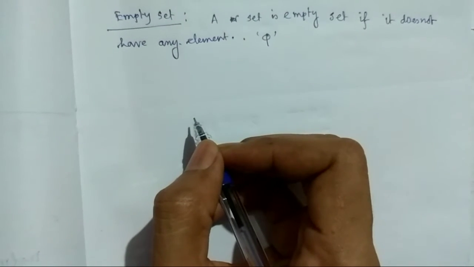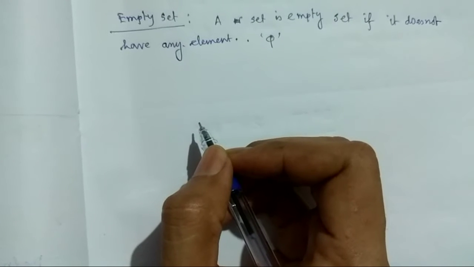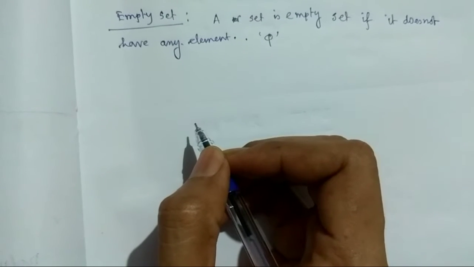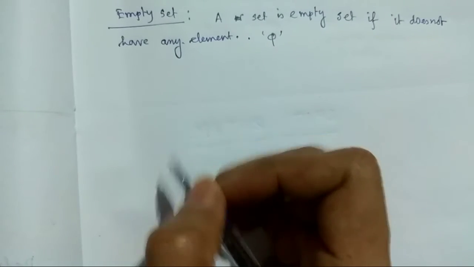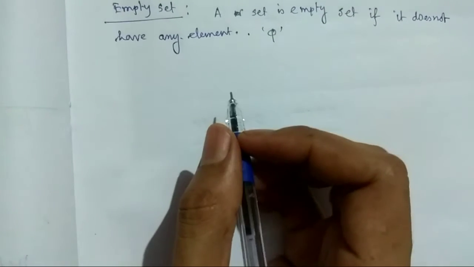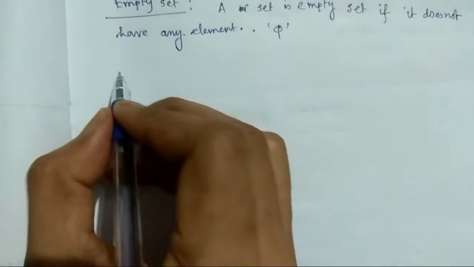And one more thing about the empty set is that phi is a subset of every set, and we will also define a subset later.